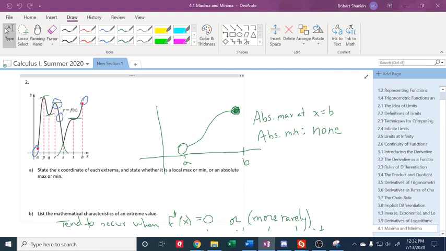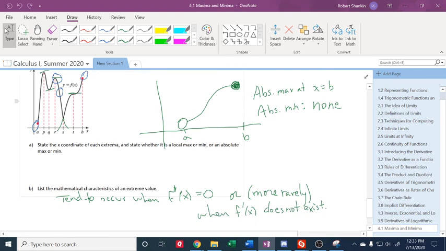So not only will we remove endpoints out of the consideration by taking only open intervals, but then we will remove things like removable discontinuities because we'll just require it to be continuous. Okay?